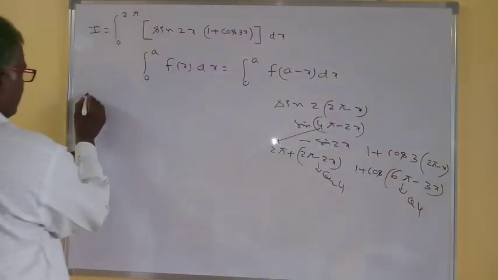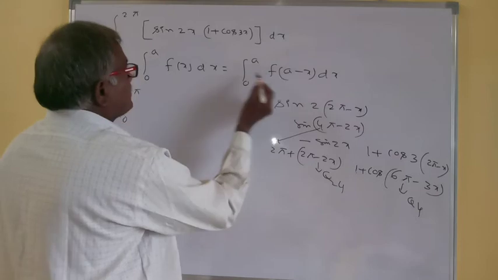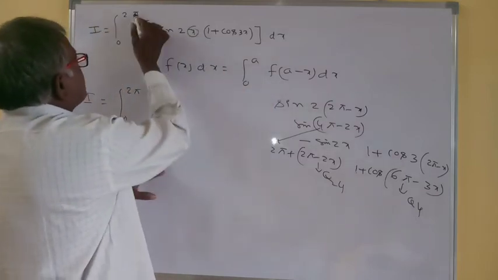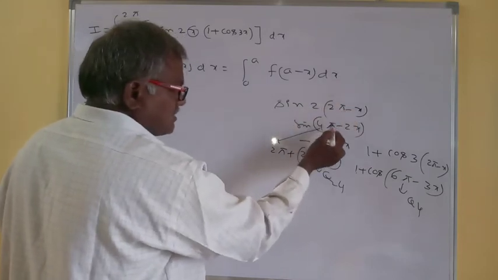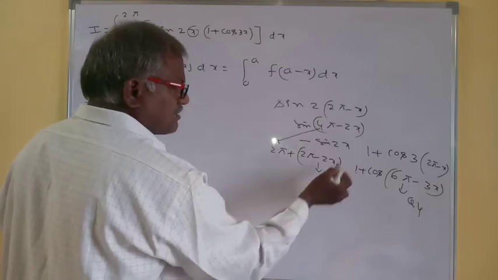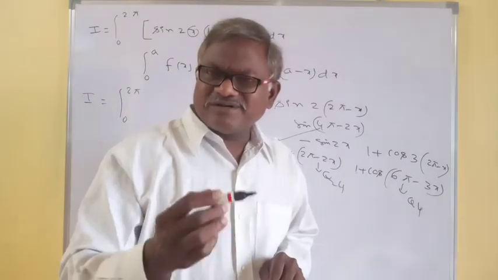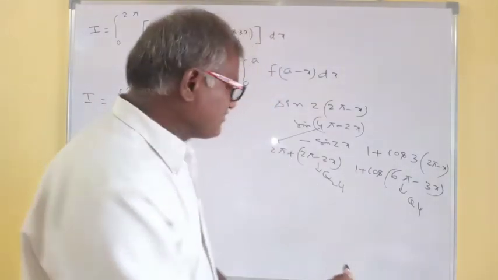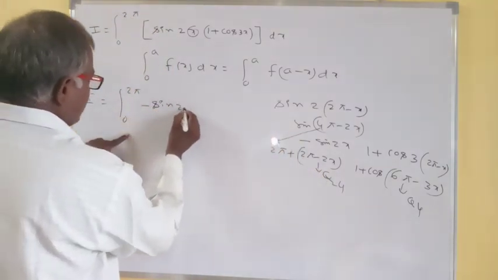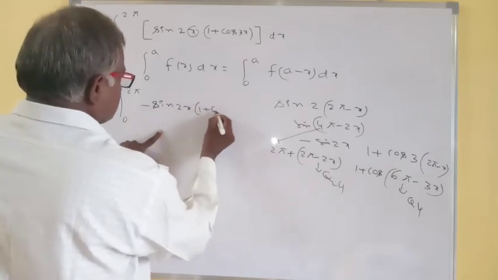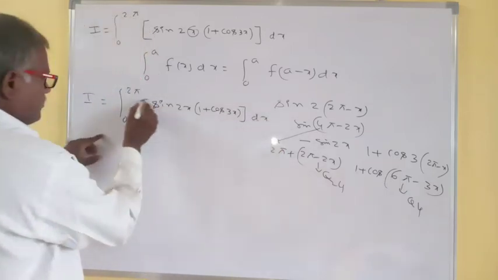If you apply this property, in place of x we substitute 2 pi minus x. In the fourth quadrant, the cos function is positive and the sin function is negative. So that's why this becomes minus sin 2x into 1 plus cos 3x inside the step function.